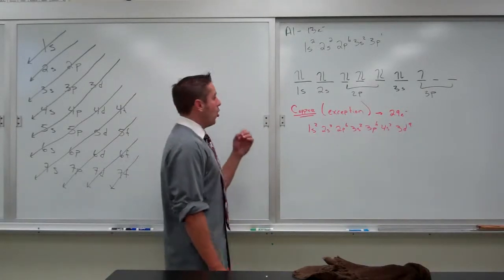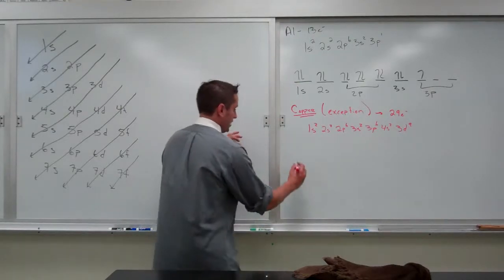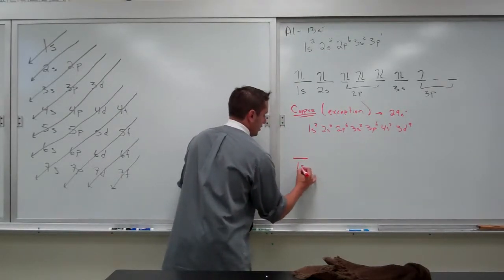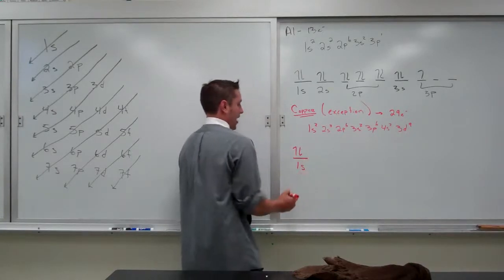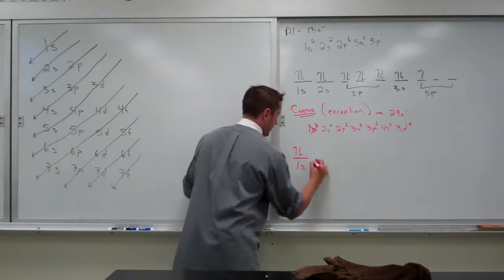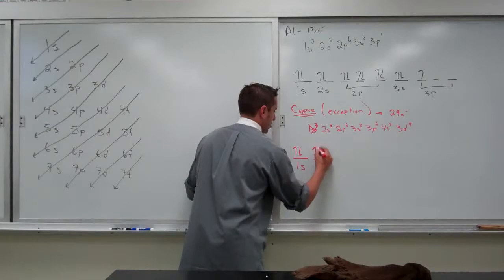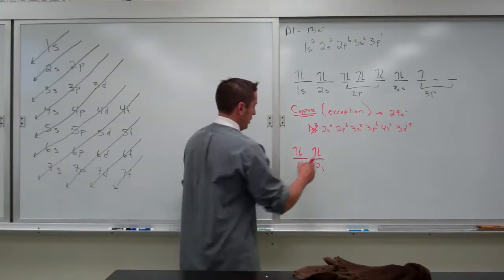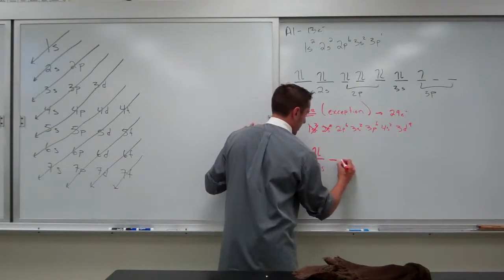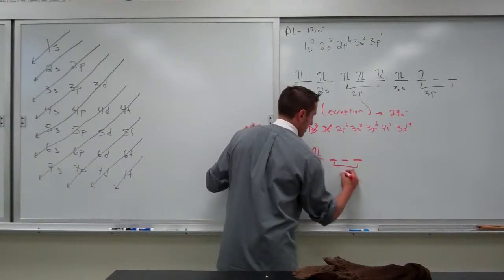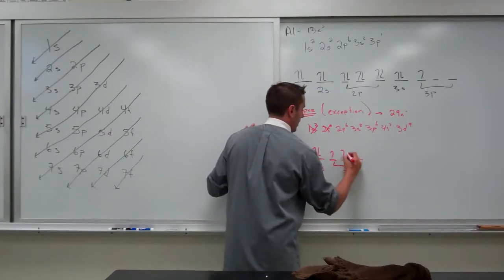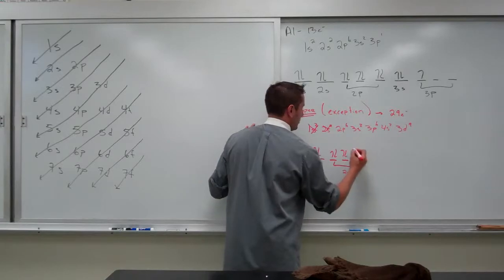If I draw orbital notation for this, I see an s, so there's 1, it gets an up and a down. I see an s, it's a 1, it's an up and a down. I see a p, p's get 3, up, up, up, down, down, down.